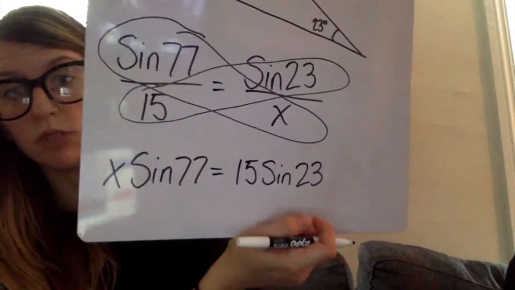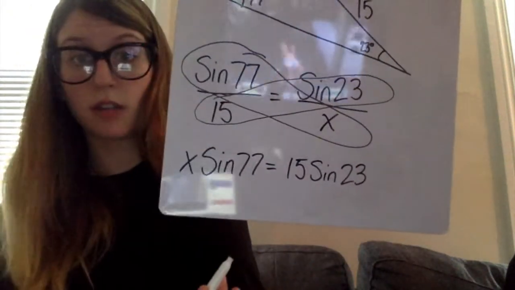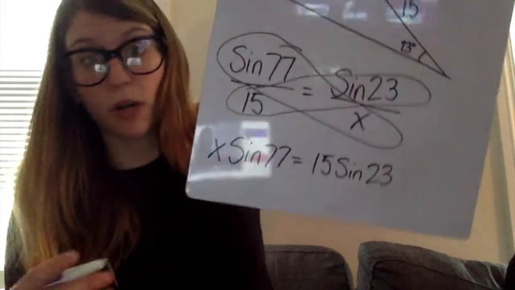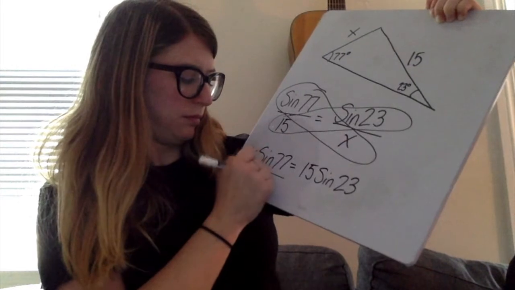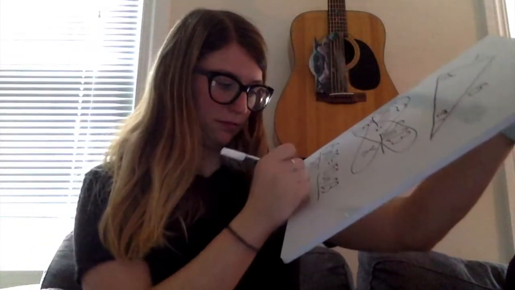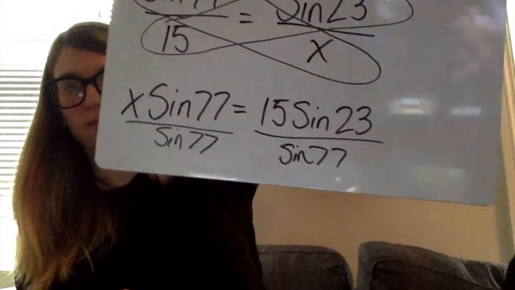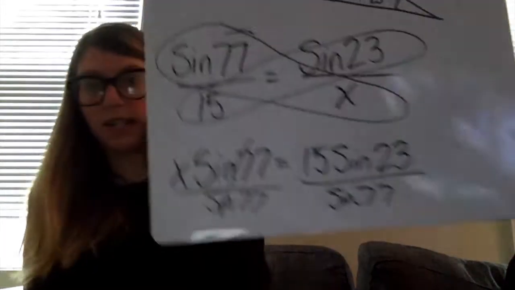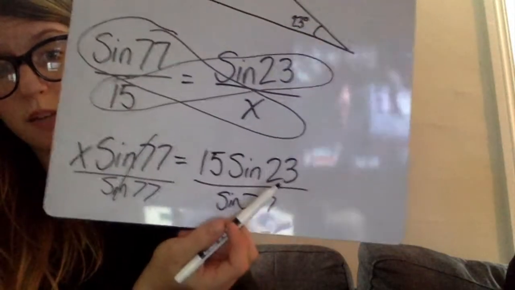This is when people get very confused, because now we have words and stuff, and we're like, well, I don't know how to get rid of a word. Just divide. So that cancels out my sine of 77, and now I have 15 times sine of 23 divided by sine of 77.